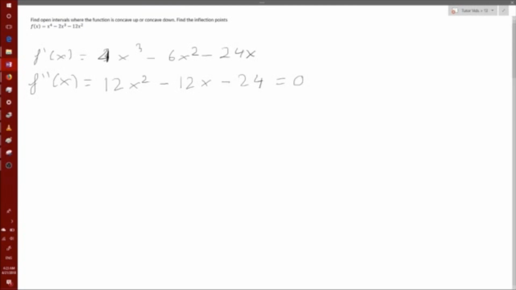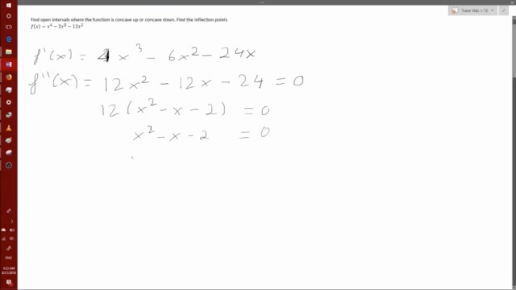So we factor out the 12. We get x squared minus x minus 2 is equal to 0. Let's divide both sides by 12. We get x squared minus x minus 2 is equal to 0. And then let's factor the left side.